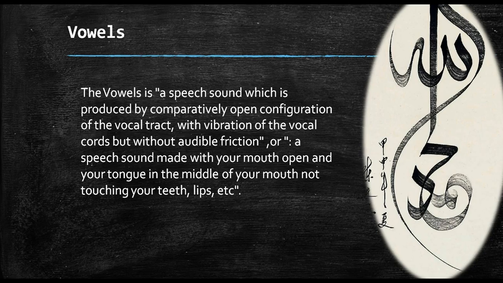So the vowel sound is a speech sound which is produced by a comparatively open configuration of the vocal tract. The vocal tract is the vocal system, like the mouth, the tongue, the lips. It is the vocal cords, the mouth, the tongue, the lips, with vibration of the vocal cords, but without audible friction.